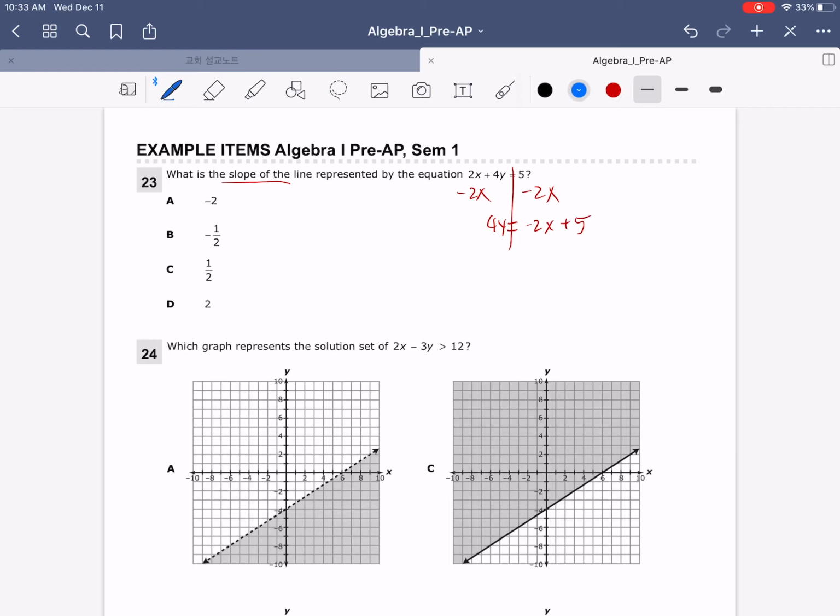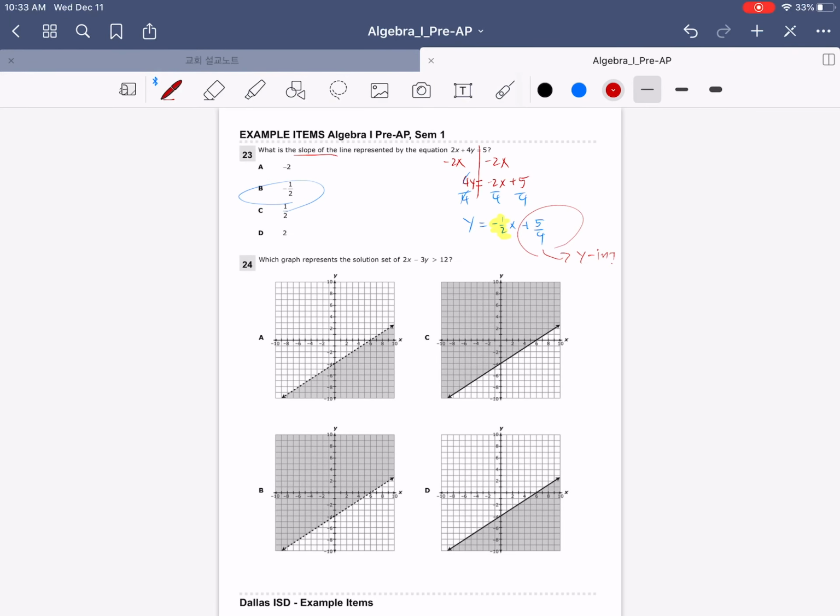If you divide by 4, both sides, because this cancel away, y is equal to negative 2 over 4 is going to be negative 1/2 plus 5 over 4. Now, our slope is just negative 1/2 here. So that's going to be this. By the way, always remember this last number, that's going to be y-intercept. Okay.